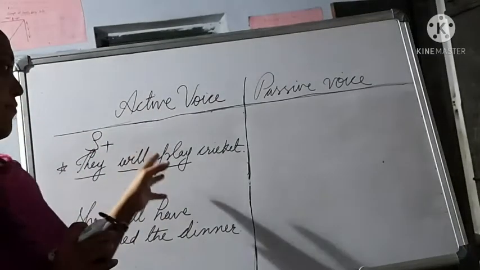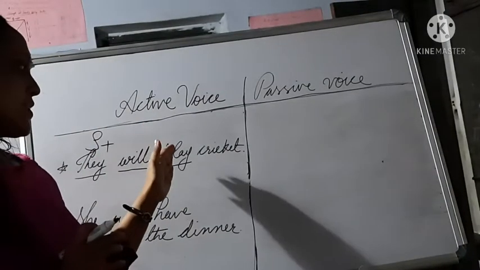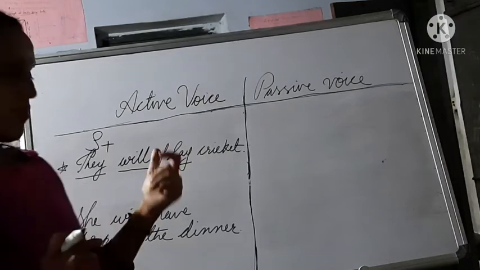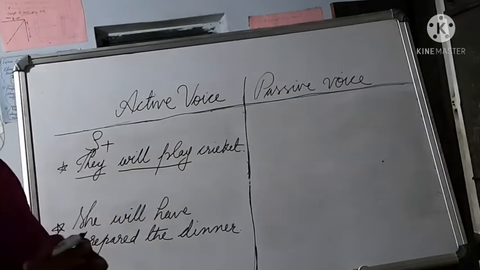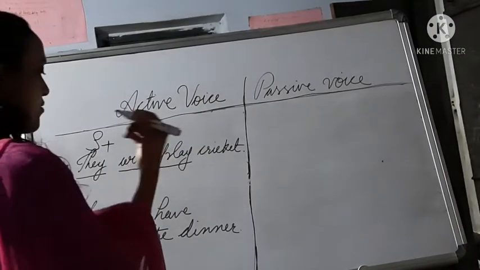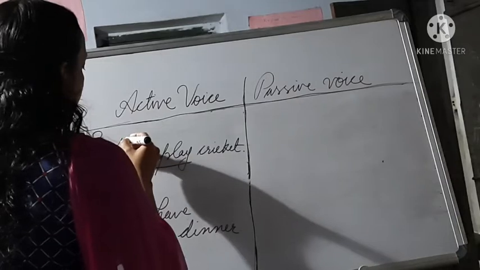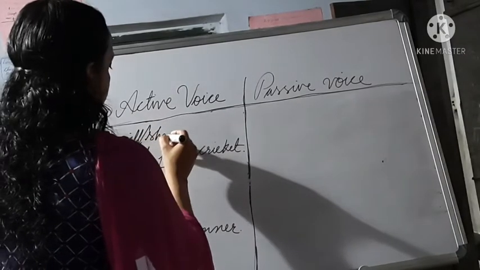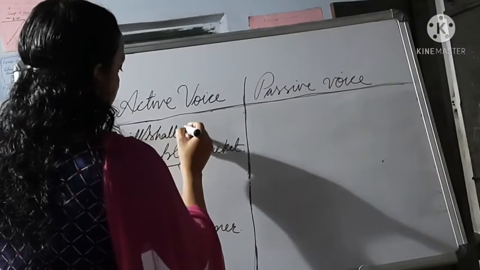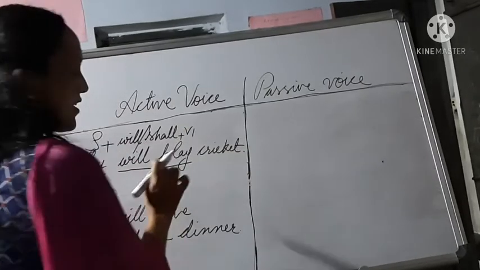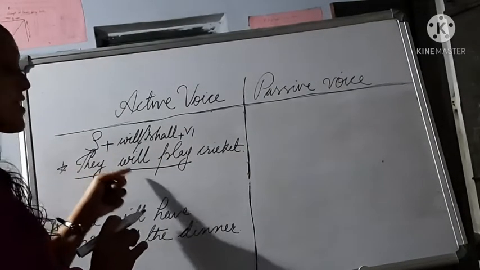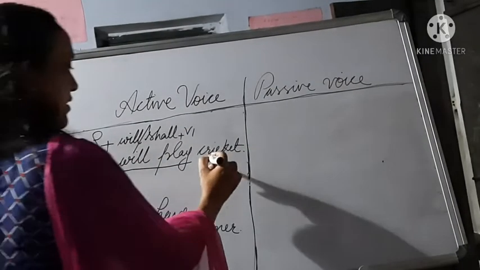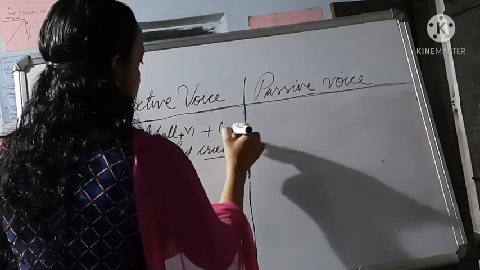Since it is will or shall plus V1 form, we can call this simple future. And cricket is the object.